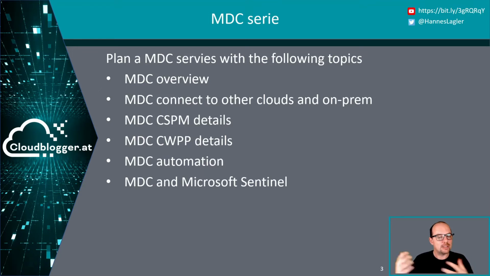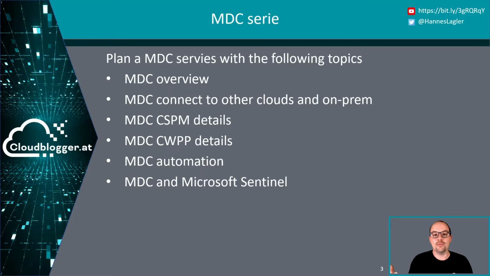We will cover this in this session, and here in this session we go a little bit deeper. The same for Microsoft Defender for Cloud for the CWPP. And then we'll go ahead and talk about automation. It's really, really important when you have an incident or an alert: how can you handle this alert and how can you automate these alerts?